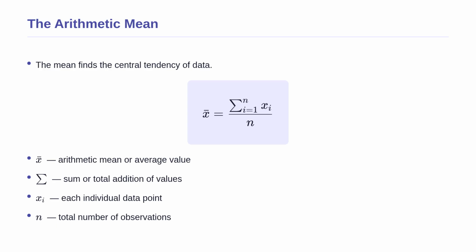The Greek letter sigma stands for the total sum. The variable x sub i represents each individual data point, and n represents the total number of observations. If the value of n increases while the sum remains the same, the overall mean will decrease. This shows how sample size directly impacts your final average.